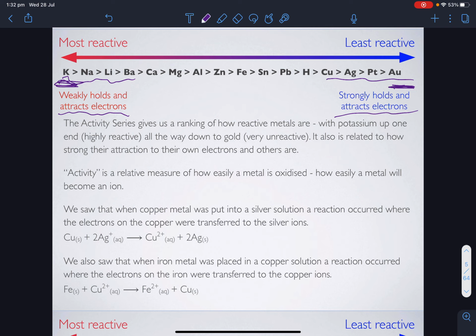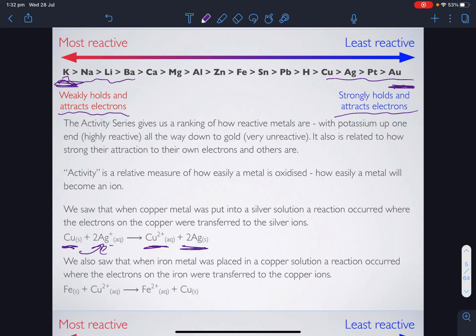Okay, for example, we saw that when copper metal was placed into a silver solution, or silver plus ions, a displacement reaction occurred where the copper solid lost its electrons to silver and became copper 2+. It went into solution, so it would have turned blue, and we had silver precipitate out.